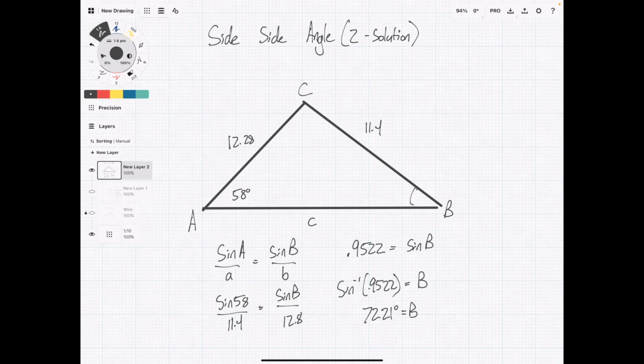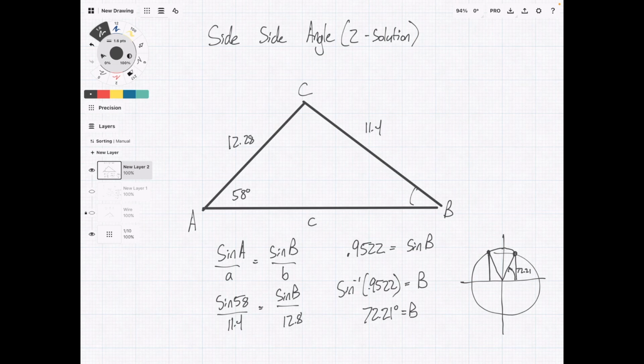But if we look at the unit circle, which is the circle with a radius of 1, and we look at where 72 falls, we should also realize that this angle will have the same sine value, because if you remember from the unit circle, the sine value is the y coordinate.